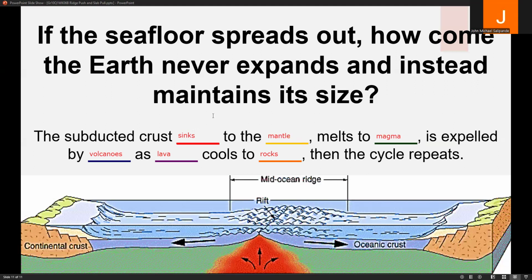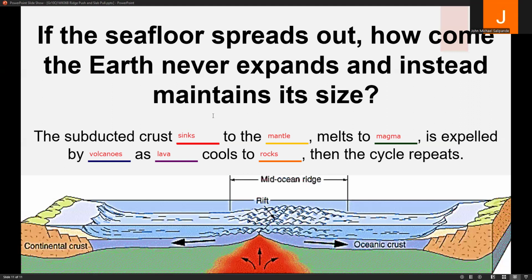The subducted crust sinks to the mantle, melts to magma, is expelled by volcanoes as lava, cools to rocks, then the cycle repeats. Sorry for the misspelling. So Earth has a way of geologically recycling its own natural resources. Isn't it great how Earth does not need any human or living accompaniment just to recycle its own natural resources?